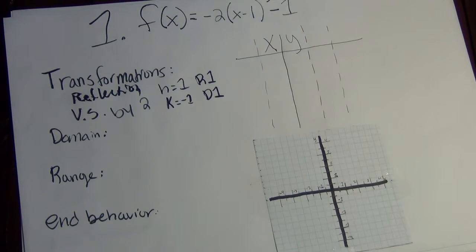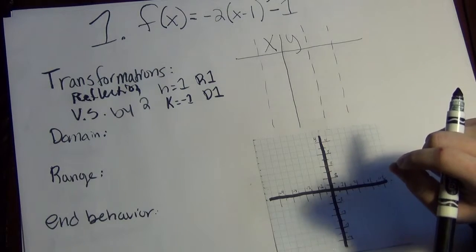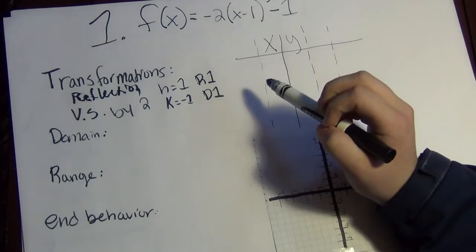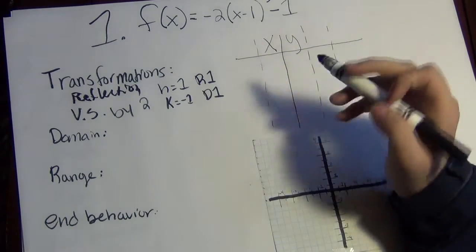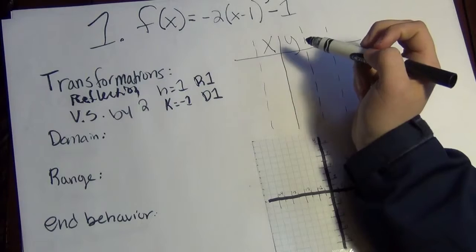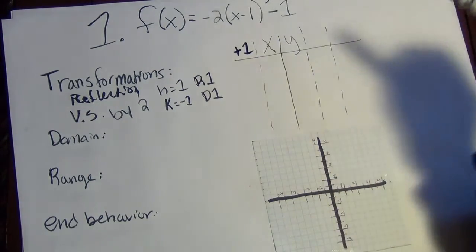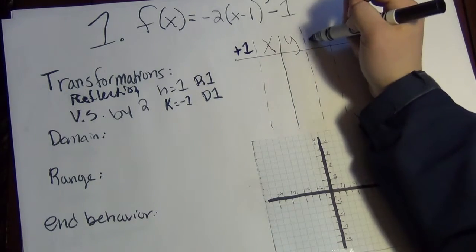Alright, an easy way to find the 3 points that you graph off of is to make a little table like this, and you add on each side what you're translating it. So for x, the only thing that we're doing to that is adding 1. And for y, we're multiplying it by negative 2.